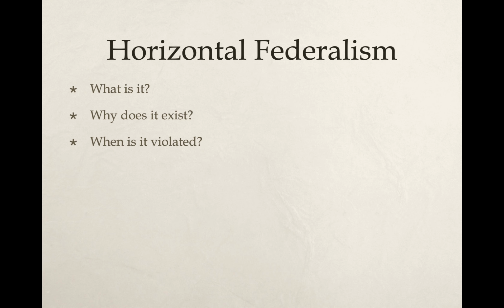So we've already looked at vertical federalism, or what we might think of as traditional federalism. This is represented by this hierarchical nature of the national government over and above the state governments. Right? So this diagram here on the right side would be an example of vertical federalism.